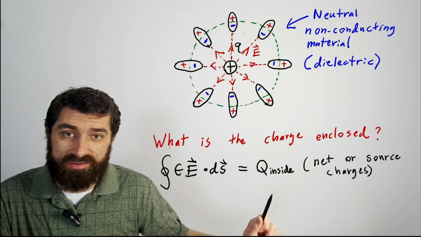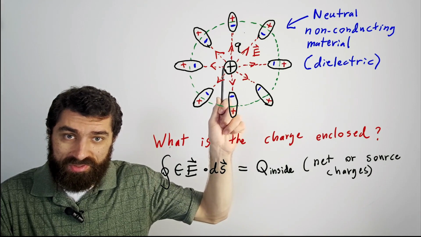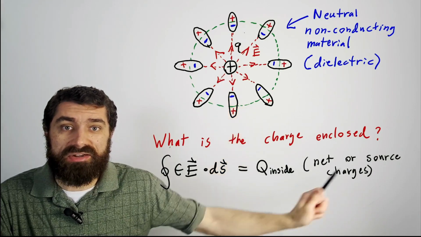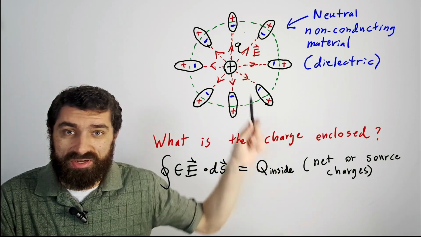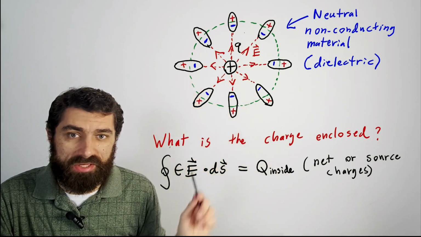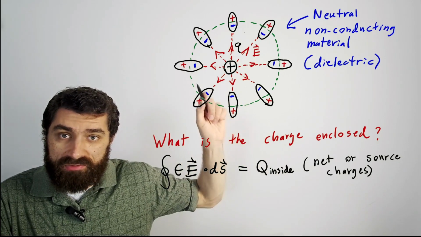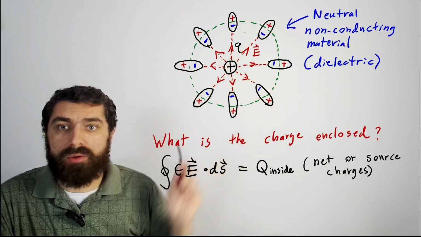Q inside is still this charge Q. It's the net or source charges in your Gaussian surface, because what we've done here is we've used this epsilon to take into account these other charges that you get from polarization.